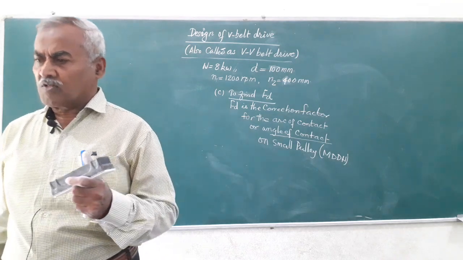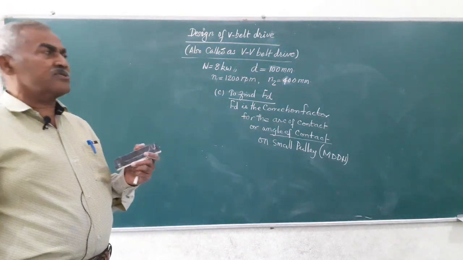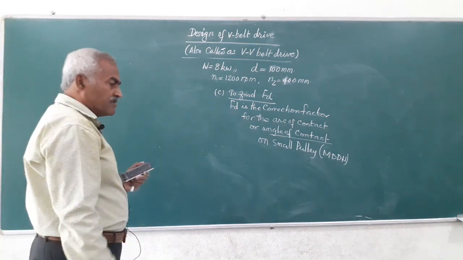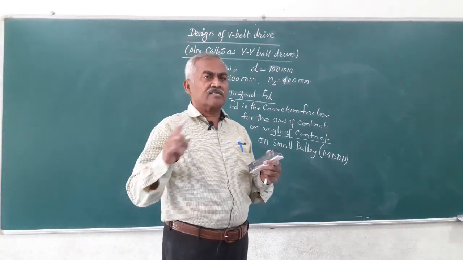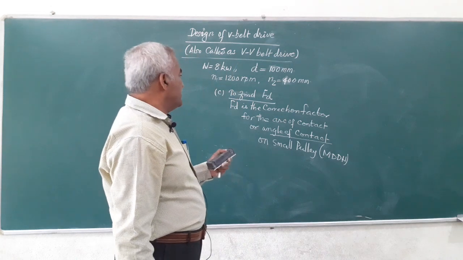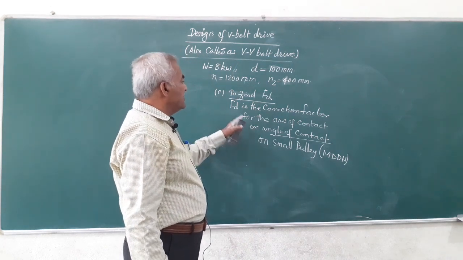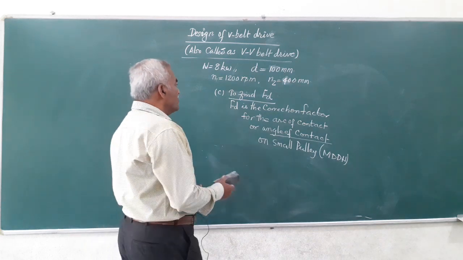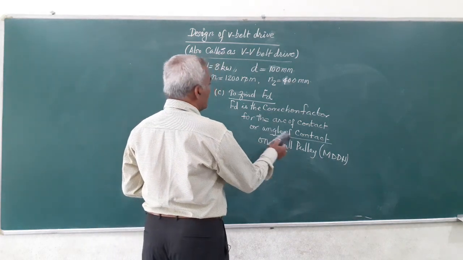Friends, generally for all these V-belt drives, we are using an open belt drive in which both the driver and the driven rotate in the same direction. Here, friends, the value of FD depends on the angle of contact. So, for the given drive, you will have to find out what is the angle of contact.